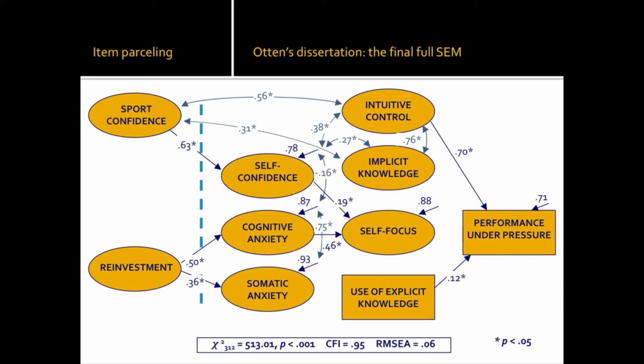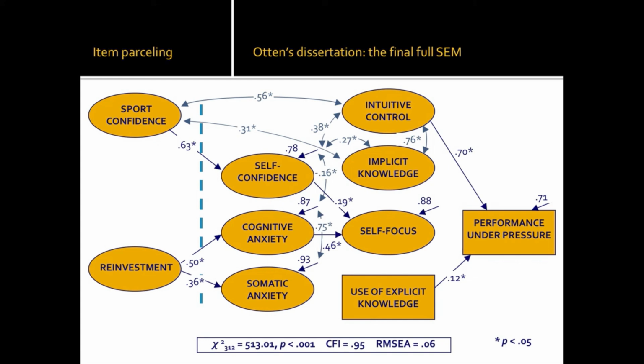But again, the sport confidence and reinvestment scales were out of control in terms of number of items, so I would have had to run a ton of participants. So I thought, this item parceling solution seems like a nice alternative, because I can cut those back at least. The plan initially was to just cut those back and leave everything else as is, but once I got going with the item parceling, it made sense to do it with everything, so I did.